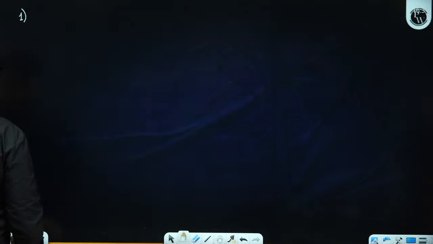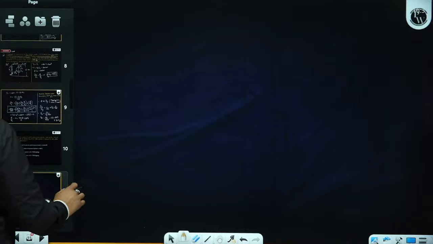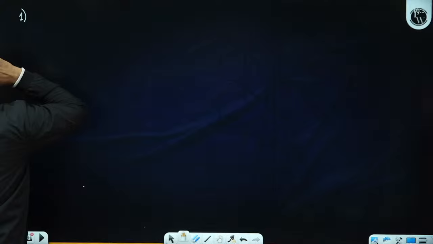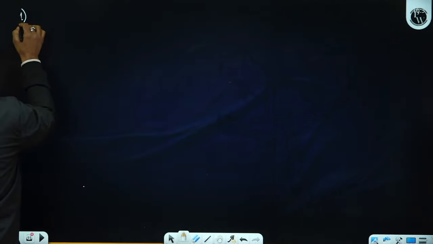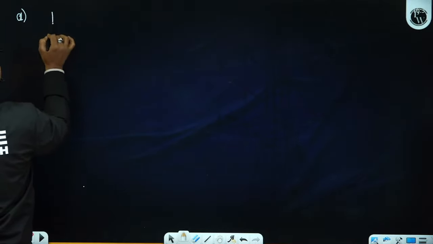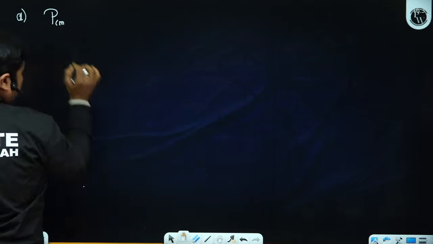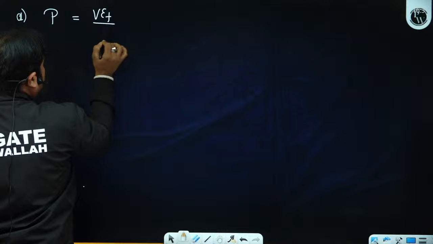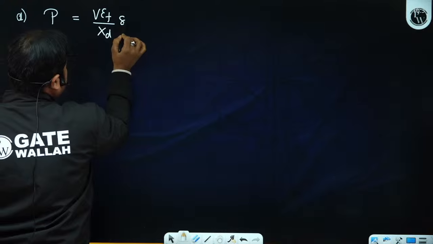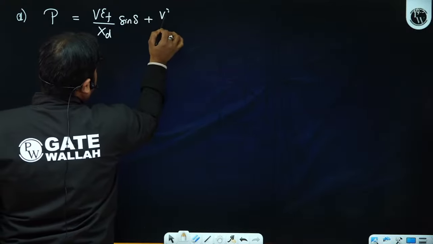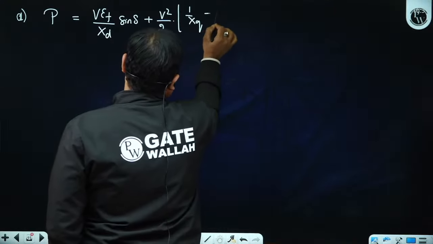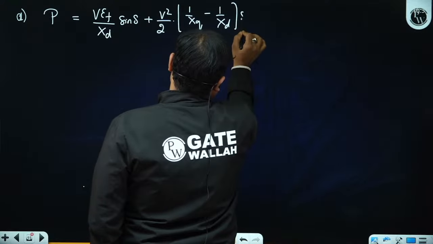Option A: you have to find the maximum reluctance power. Power is V EF by XD sine delta plus V square by 2 into 1 by XQ minus 1 by XD sine 2 delta.